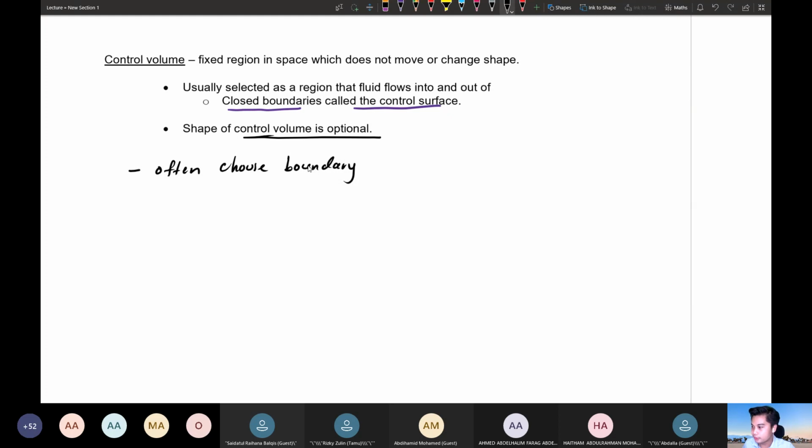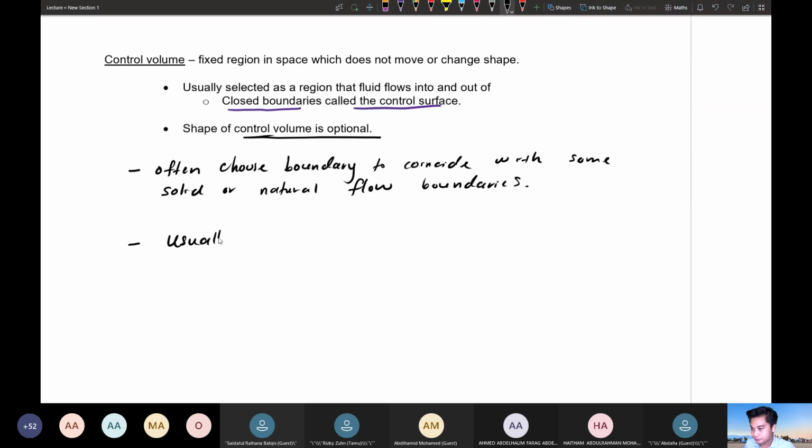Often choose a boundary to coincide with some solid or natural flow boundary. Okay, so usually the boundary that you decide on your own is perpendicular to the flow.